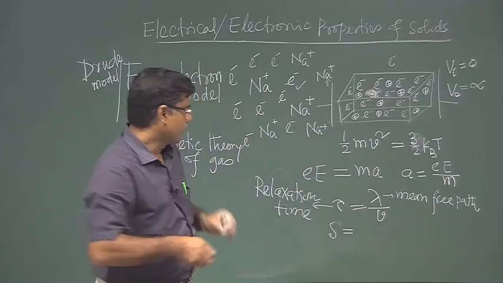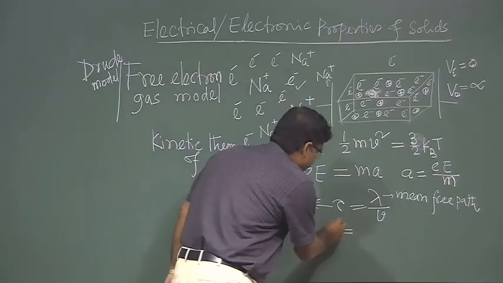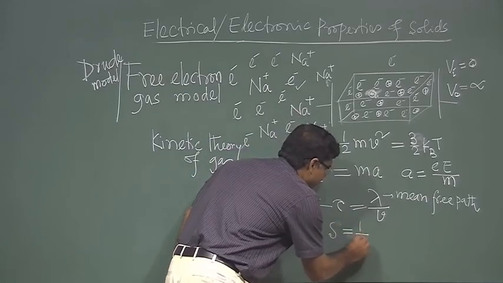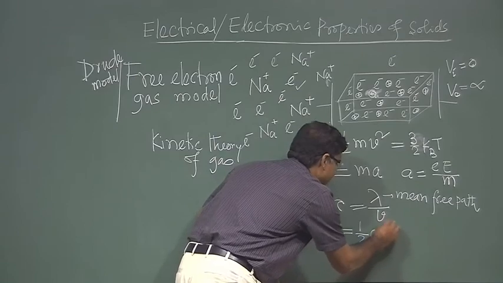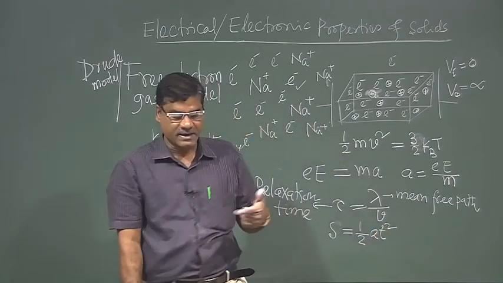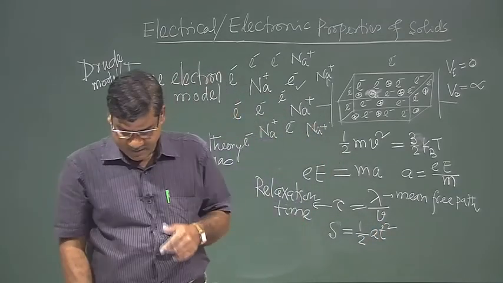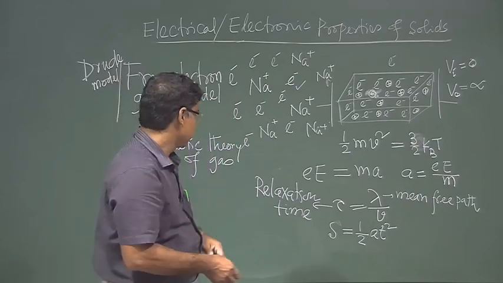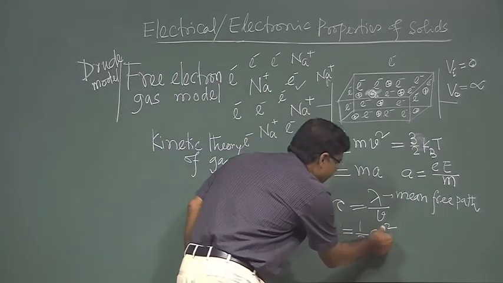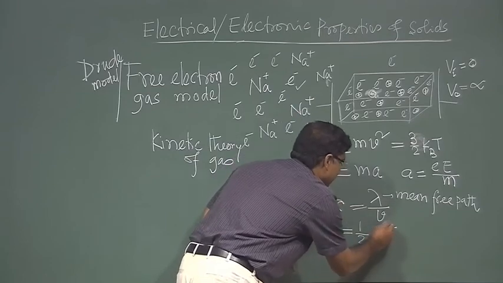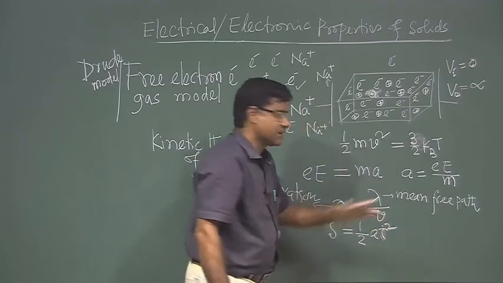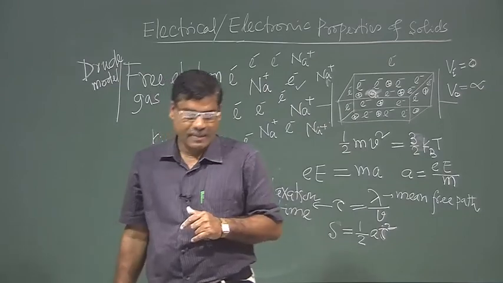Then we can write s equal to half a t square. So, at time t what will be the distance? Let us take this time as tau, the relaxation time. So, it will travel this distance, right.